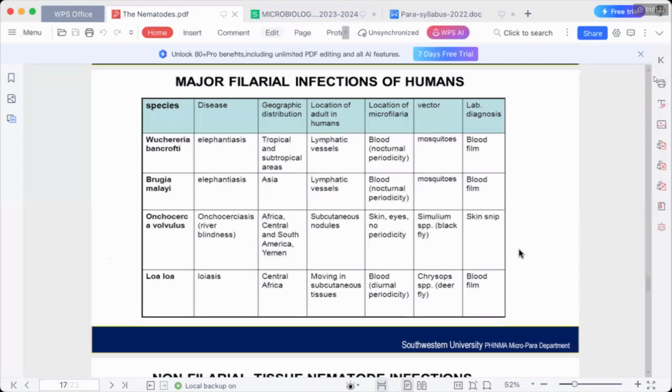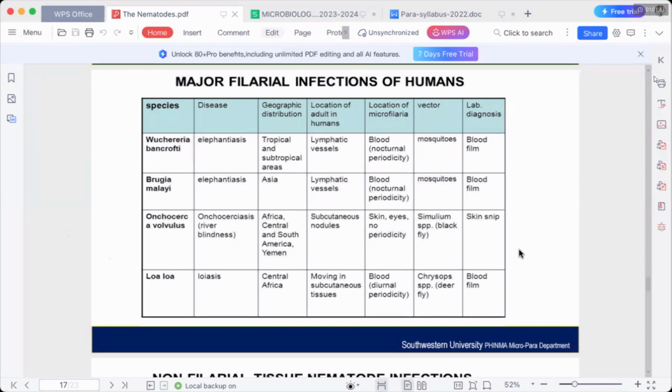For the Loa, you have your loiasis. The geographic distribution is usually Central Africa. The location is a moving subcutaneous tissue, so it can move.